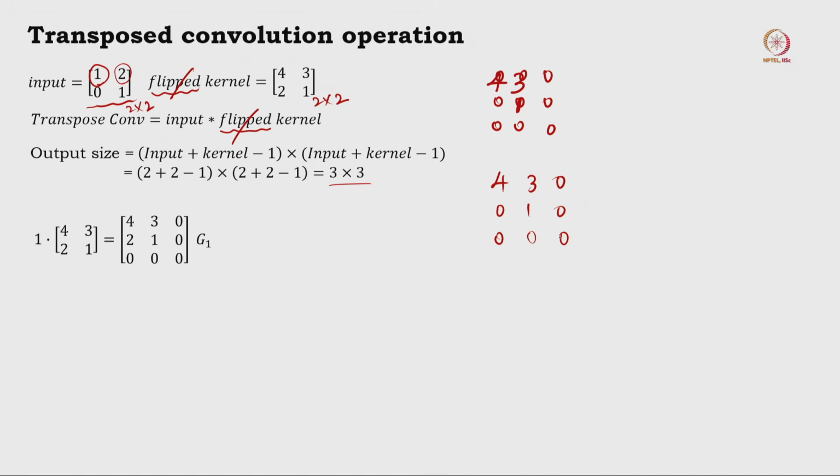Now 2 gets multiplied with each of these elements. So 4 2s are 8. This value will be 8, and already you have 3, so it is 8 plus 3. Then 3 2s are 6. Then this value will be 0, and 0 multiplied with 2 is 0. 0 plus 1 is 1, and for this it is 1.